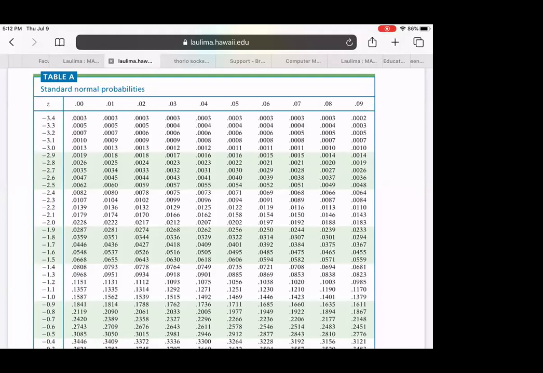All right, so as usual, if you got an answer, feel free to post or say it out loud. I don't see any posts here on the chat board. You're looking for the probability that z is greater than negative 3.30.